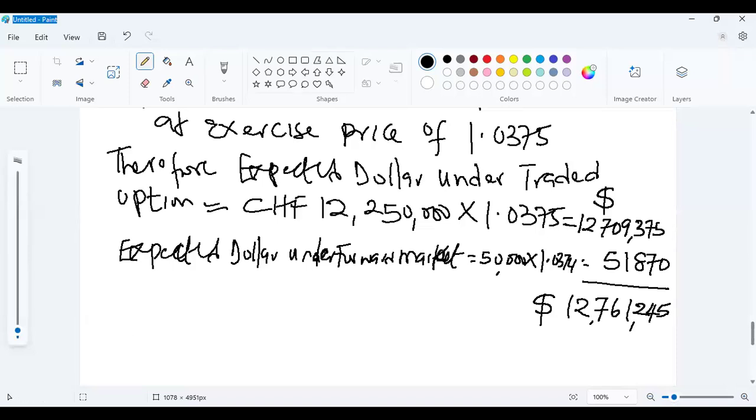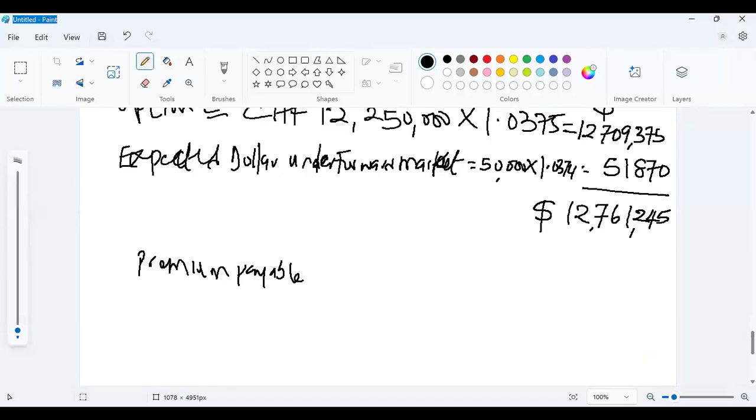Then the final aspect, premium calculation. Under currency options, you are going to pay premium. The premium payable. To calculate your premium is equal to number of contracts, 98, multiplied by the contract size.